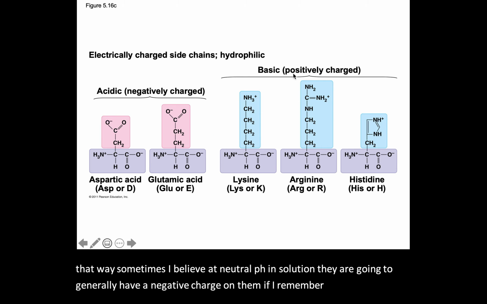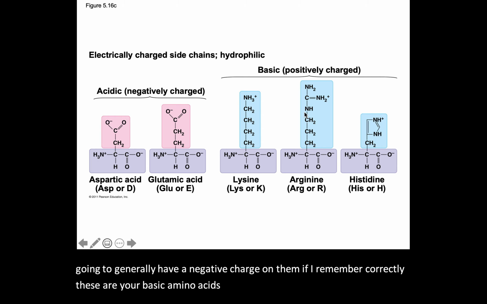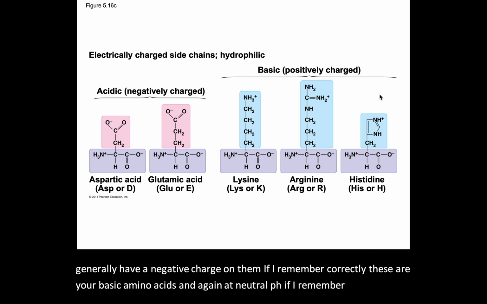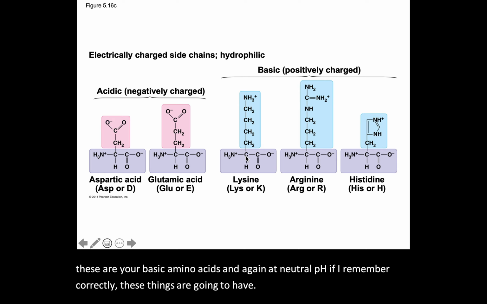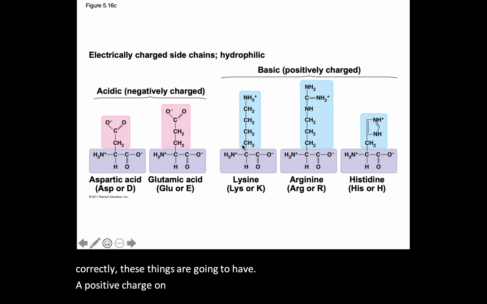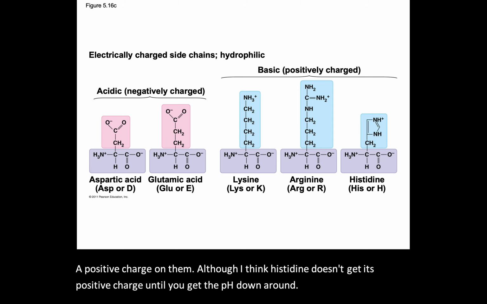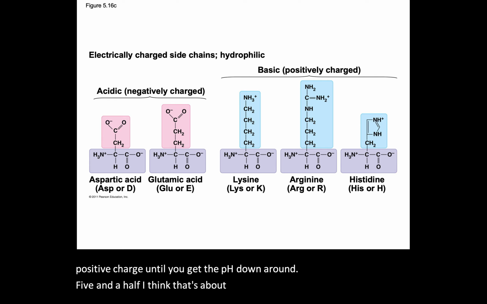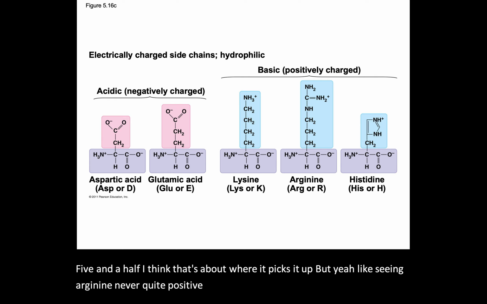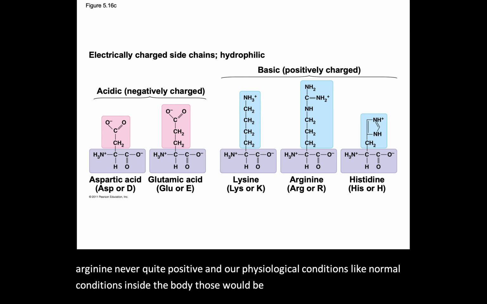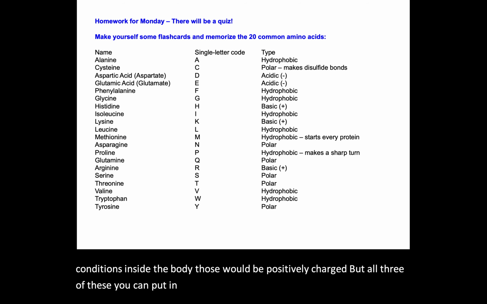These are your basic amino acids, and again, at neutral pH, if I remember correctly, these things are going to have a positive charge on them. Although I think histidine doesn't get its positive charge until you get the pH down around 5.5. But lysine and arginine are quite positive and, at physiological conditions, like normal conditions inside the body, would be positively charged. But all three of these you can put in the positive category.